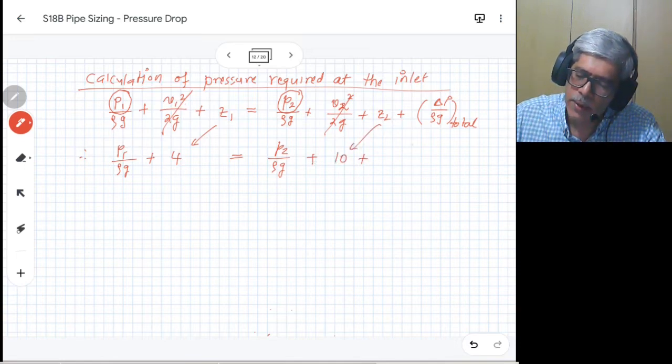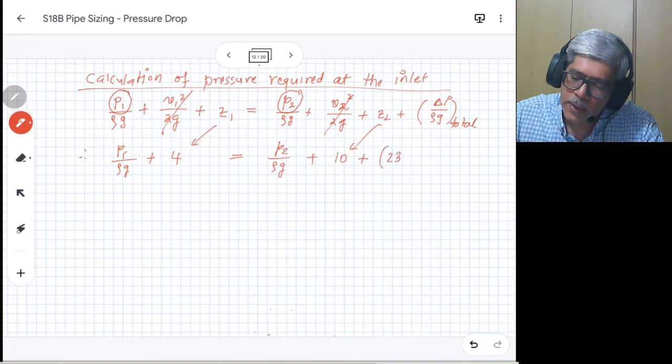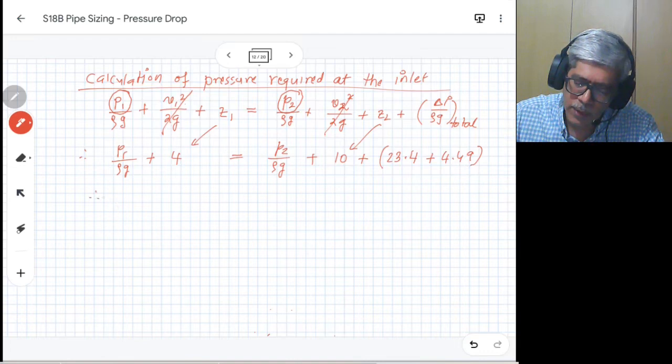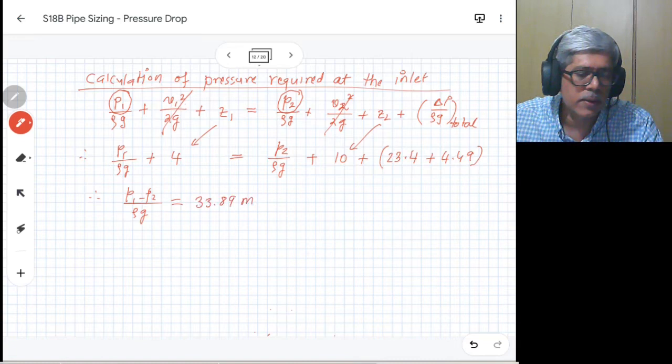Delta P corresponds to the pressure drop in the 4-inch pipeline plus the pressure drop in the 6-inch pipeline, that is 23.4 meters in the 4-inch pipeline and 4.49 meters in the 6-inch pipeline. Using this we get P1 minus P2 divided by rho g equal to 33.89 meters.